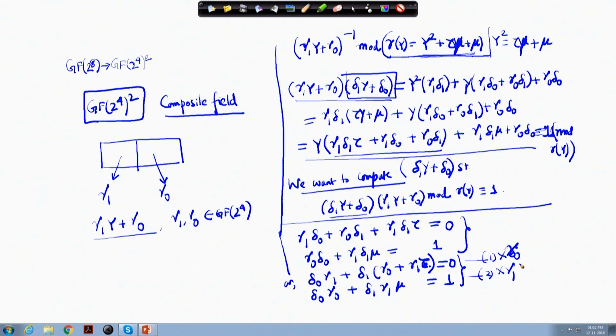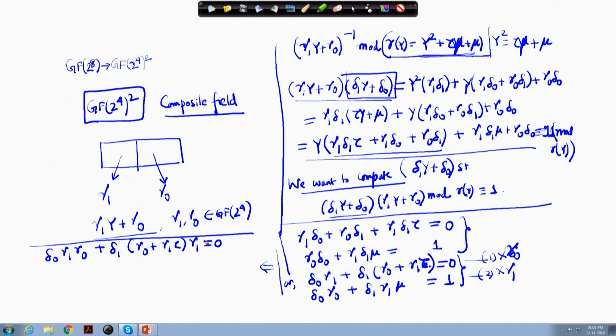If I do this, I get delta 0 gamma 1 gamma 0 plus delta 1 times gamma 0 plus gamma 1 tau multiplied with gamma 1, and that is equal to 0.